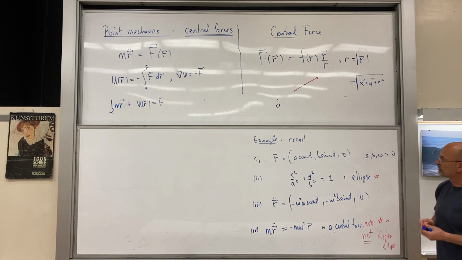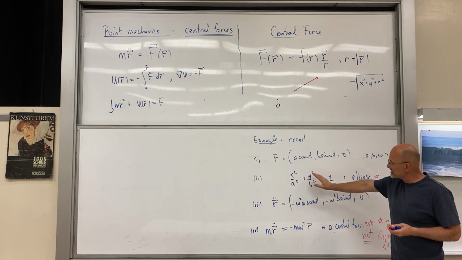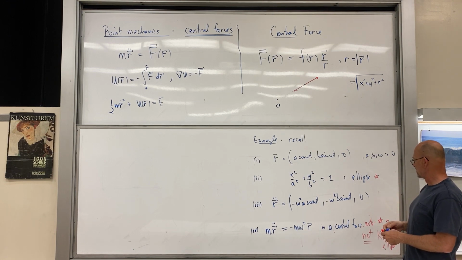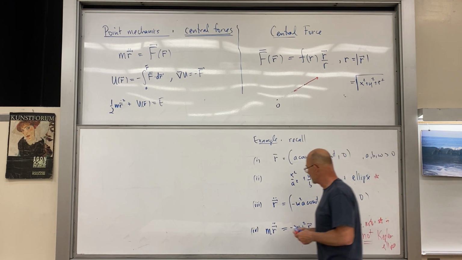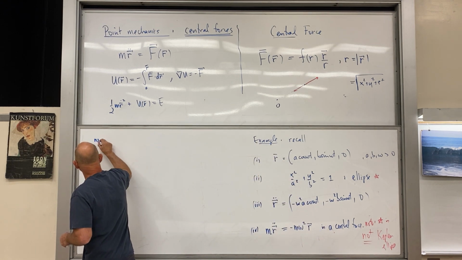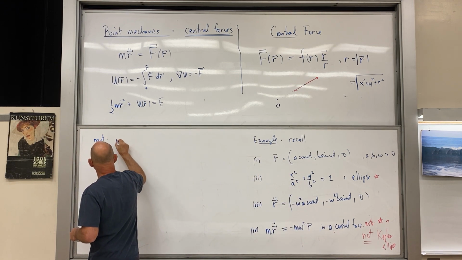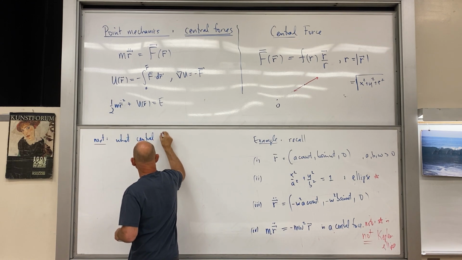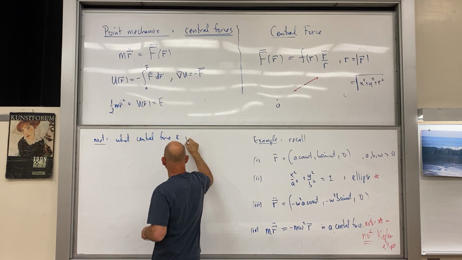Because this is going to have a different potential energy, but let's just pursue this some more because we have everything up there on the board. So there's our force, and it's a central force. So next, what is the central force and potential?